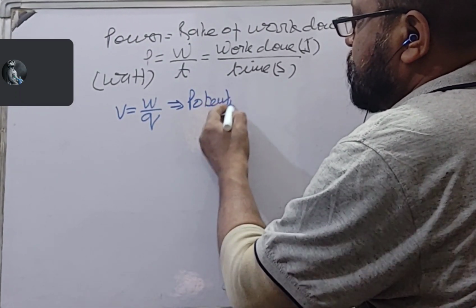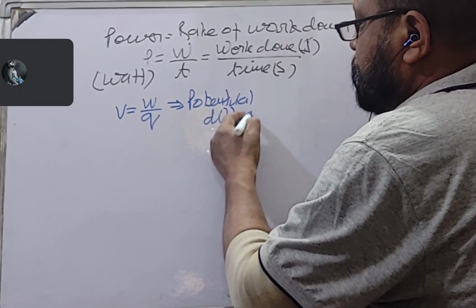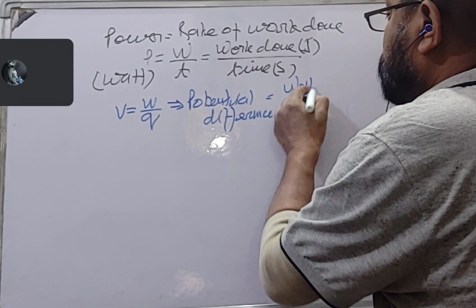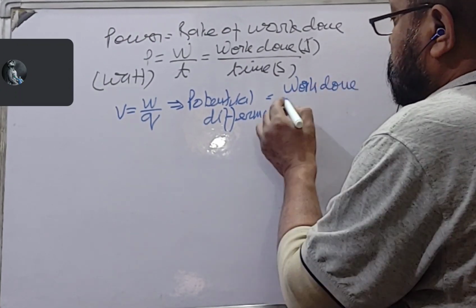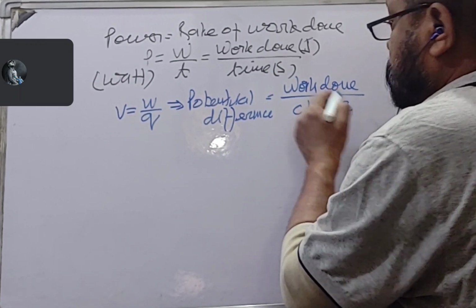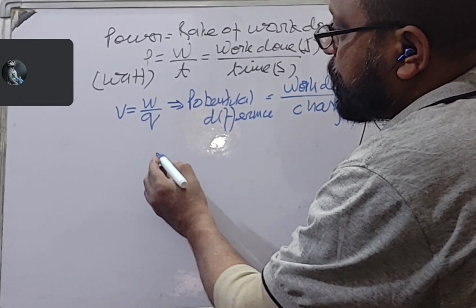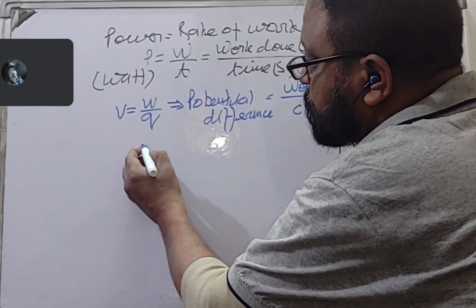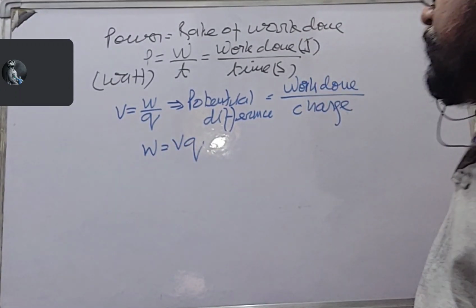Potential difference is equal to work done per unit charge. So V is equal to W upon Q. So W is equal to V into Q, right?